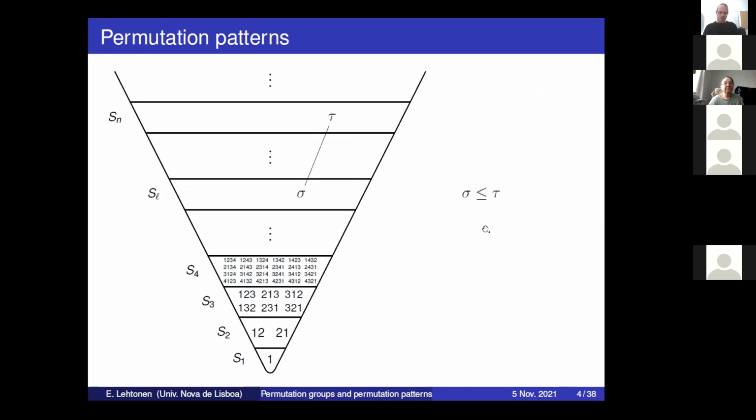Now, this diagram represents the set of all finite permutations, and it is partitioned into these levels, the ith level comprising the permutations of rank i. And here we have some permutations, sigma and tau as before, sigma of rank l, tau of rank n. And we had this relation, sigma is a pattern of tau.